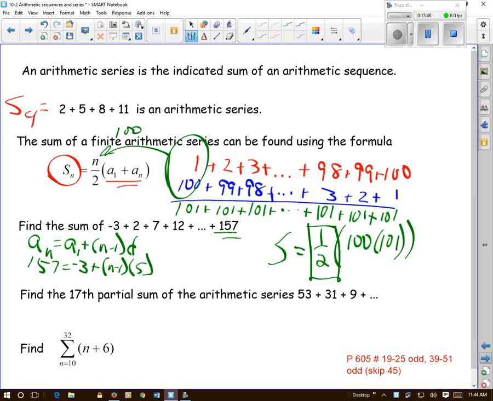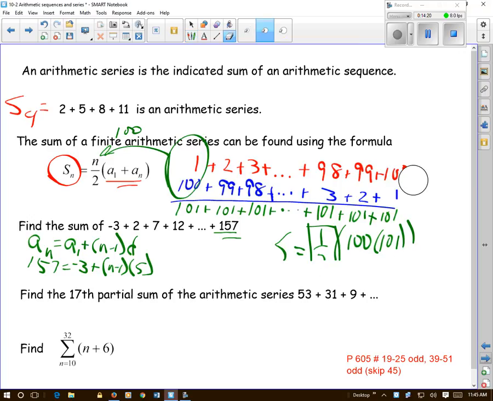If we add the 3, we get n minus 1 times 5 equals 160. Divide by 5. 160 divided by 5 is 32. So n minus 1 is 32. That means n is 33.